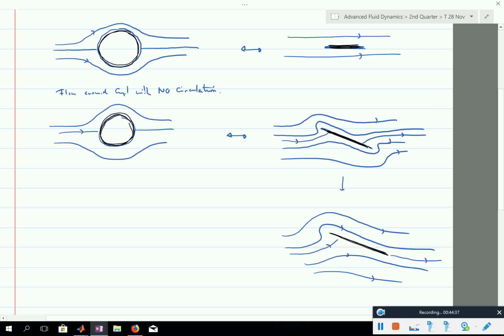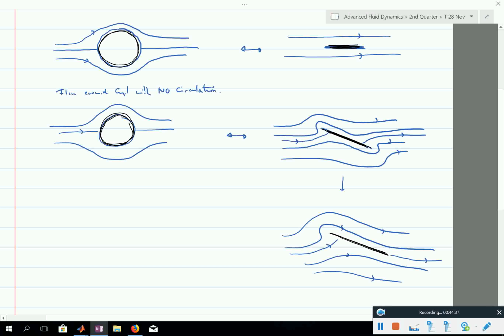Because fixing this streamline to leave from the trailing edge, what it does in the equivalent circle, the cylinder, is to fix the location of the stagnation point. You're saying, I impose a Kutta condition, therefore I'm imposing the stagnation point to be here. And this is the same as determining a position for the stagnation point on the cylinder, which fixes the location of the stagnation point and therefore fixes the circulation.